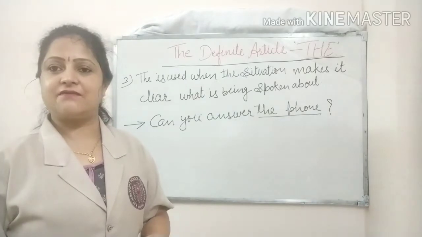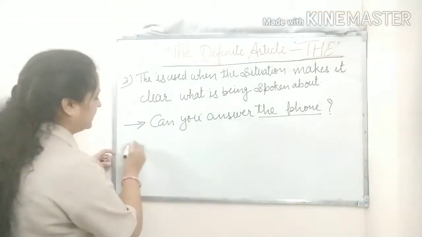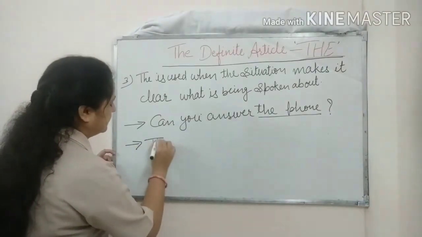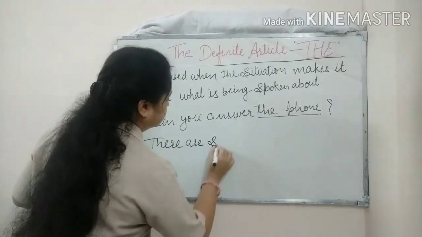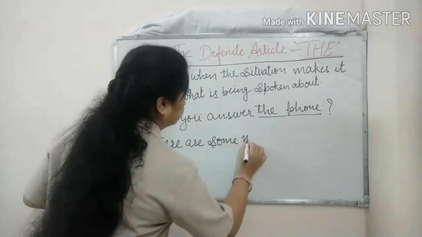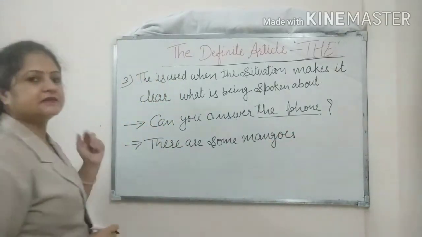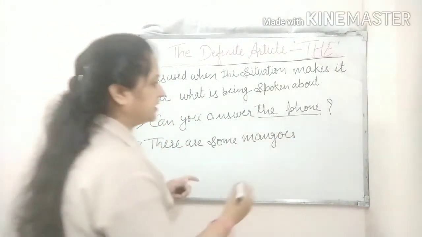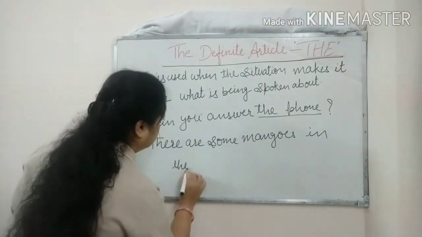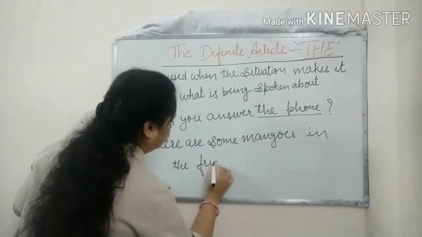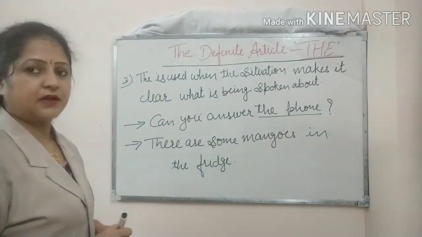Let's take one more example here. I am writing the next example: there are some mangoes in the fridge. This is my second example.